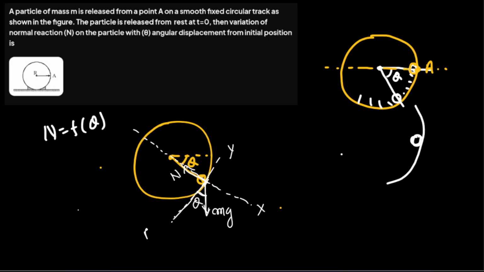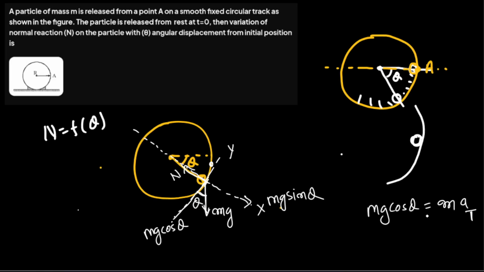Now break mg: this is your mg cos theta, and here it will be mg sin theta. Because of mg cos theta, it is coming down. At every point mg cos theta acting along the surface will basically bring it along the track. So basically mg cos theta will be responsible for the tangential acceleration of the block.